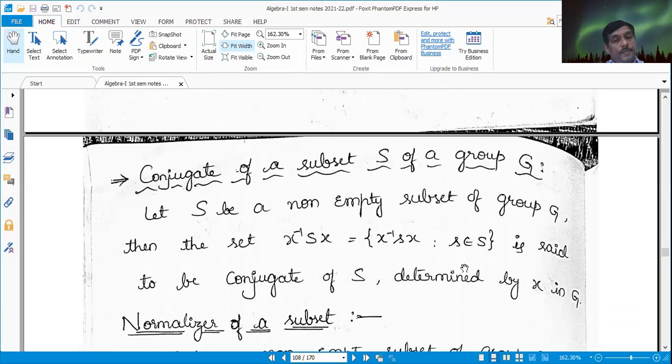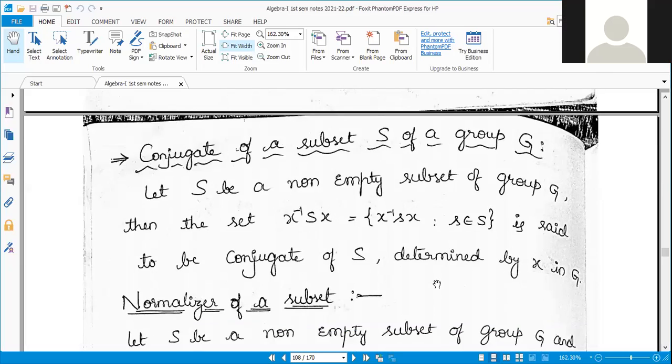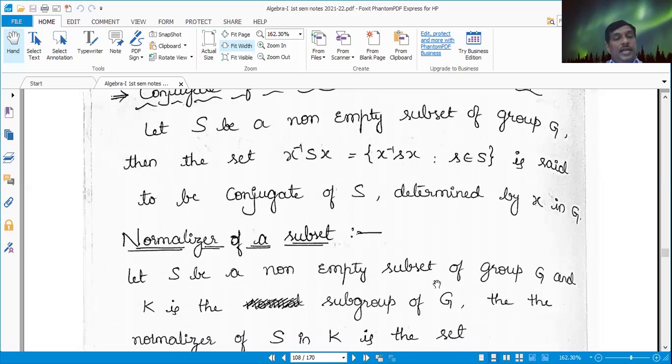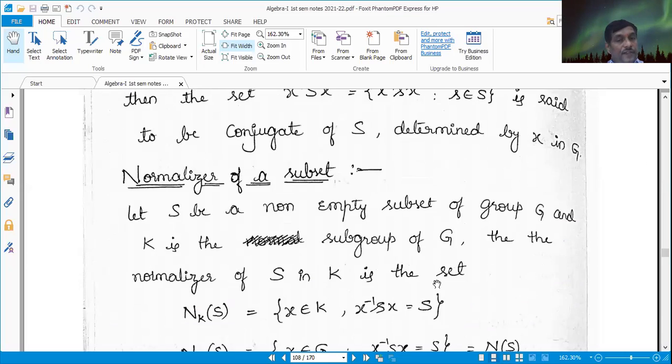And also we discussed the conjugate of a subset S of a group. Let S be a non-empty subset of a group G. Then the set x inverse S x, the set of all x inverse s x such that s belongs to S, is said to be a conjugate of S, determined by this element x in G. Then we discussed the normalizer of a set.